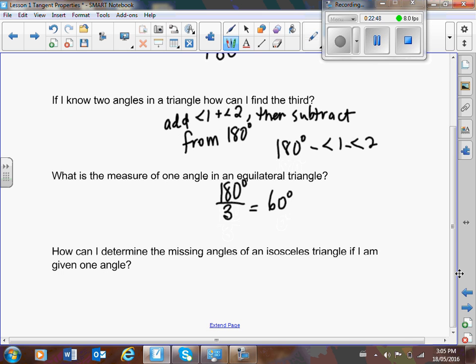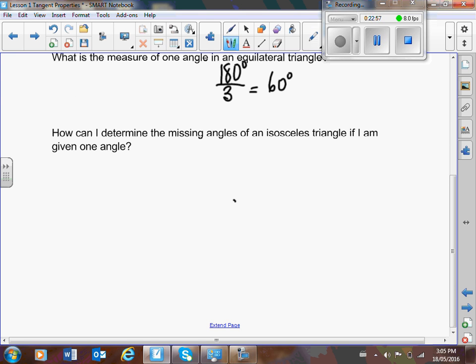Oh, good one. How can I determine the missing angles of an isosceles triangle if I'm given one angle? Well, there are 2 situations we have to look at. Let's look at the first one. Here's an isosceles triangle, and I know that this is 40 degrees. How can I find the measure of that angle?